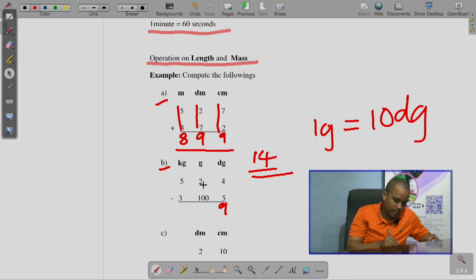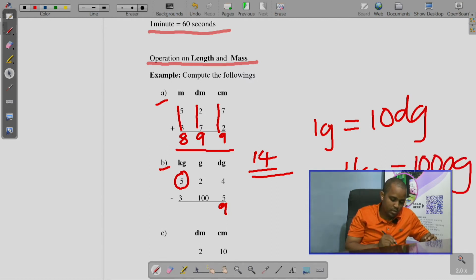So 1 minus 100, you can't subtract 100 from 1. So we need to take another number from this position. We will take 1, but as you know, 1 kilogram always equals 1000 gram. So if you take 1, it will be 1000, not 1.